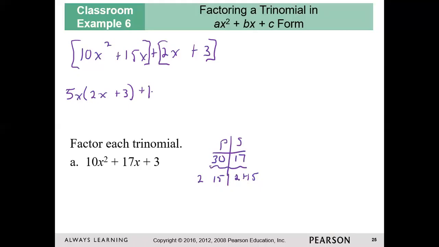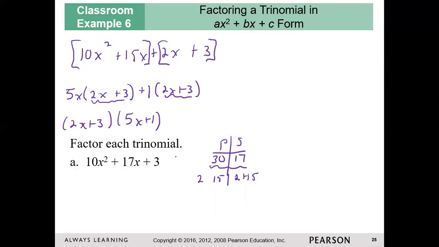So we factor out that GCF of 1, and that leaves us with 2x plus 3 inside the parentheses. No surprise there. And now we have the exact same binomials in both sets of parentheses. So that will give us 2x plus 3, and 5x plus 1.